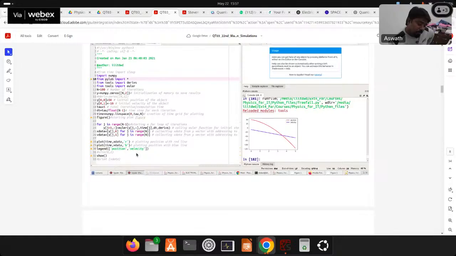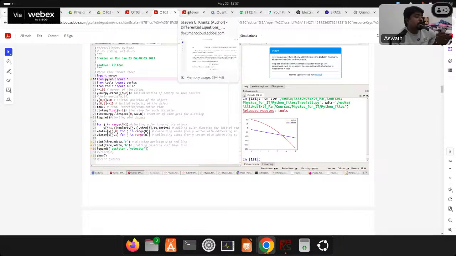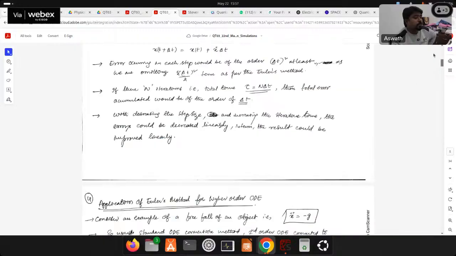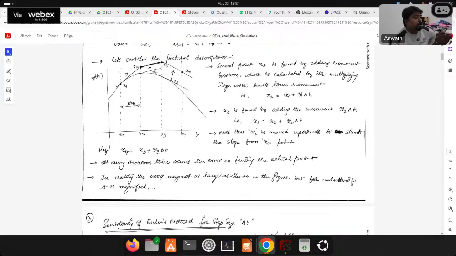There is a question: what if there are points on the curve? If the points are there, well and good, so the error would be less. Otherwise, if the points are away from the curve, you would be deviating. So whatever you are saying is, while finding a new point, if you are going close to the curve, the actual curve, well and good.